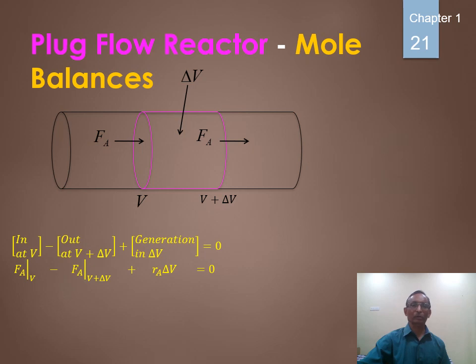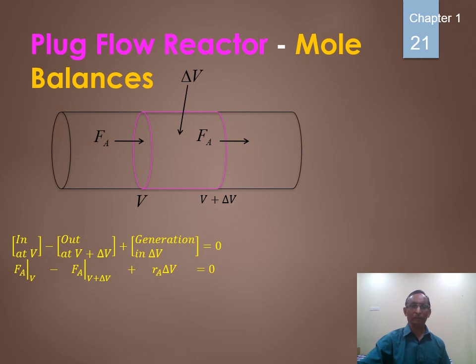As you are considering concentration is the same, we are considering that the volume is also steady. That is, the rate is also steady. So with these particular assumptions, we are going to define a design equation for the plug flow reactor, considering a segmental volume of delta V. Fa enters and Fa leaves at V and V plus delta V. At one distance it enters and at another distance it leaves, and in that particular area we have a constant volume, that is, the rate will be constant.